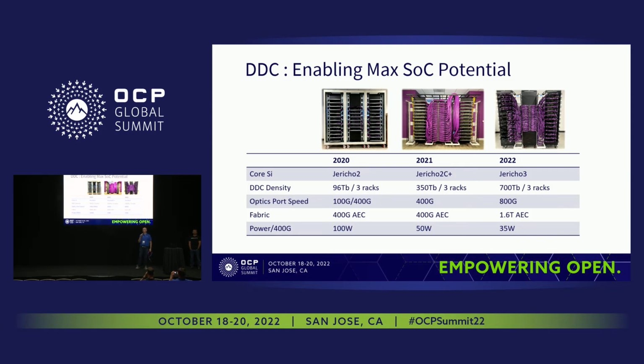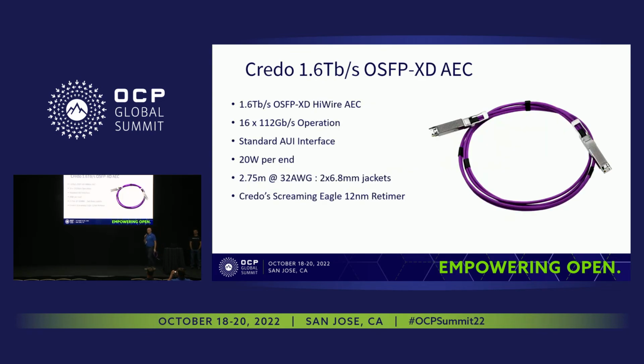And perhaps some of you haven't heard about Jericho 3 yet. I would encourage you to find somebody with a Broadcom shirt and ask them. However, with Jericho 3, we get a dramatic improvement in density again, as well as power efficiency, because we're moving to 100 gig lanes and because Credo introduced the 1.6 terabit OSFP-XD cable at the show here. This is the first of our terabit class active electrical cables.